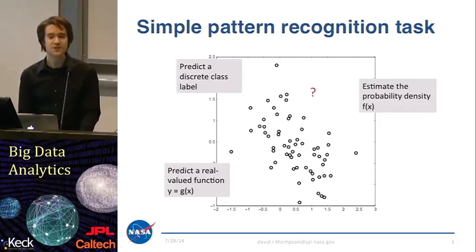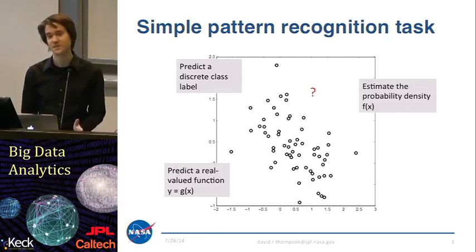Or perhaps we're just interested in intrinsic properties of the data set, how the data is distributed, to try and infer something about the process that generated the data. That's more akin to a density estimation task where we're estimating probability density in this two-dimensional attribute space. So there are lots of different kinds of pattern recognition questions that we can ask of this data set, even this very simple one here.